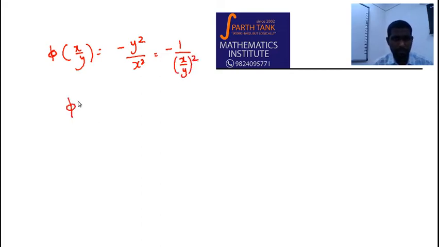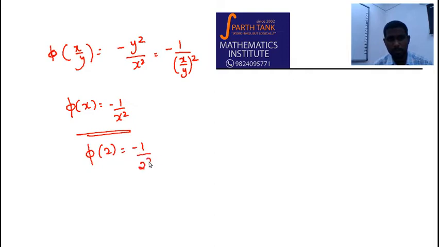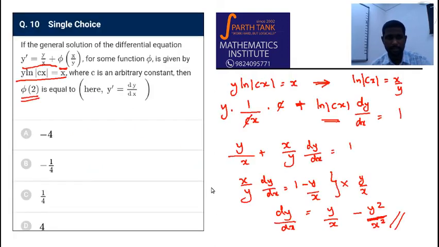You can say that phi of x is nothing but minus 1 by x squared. Instead of the argument x by y, I am writing a simple x. Therefore, phi of 2 is minus 1 by 2 square, or minus 1 upon 4. So we have this in option B, minus 1 by 4.